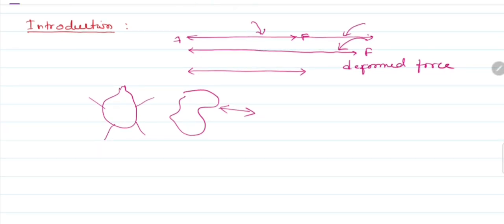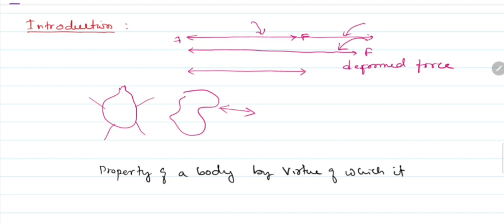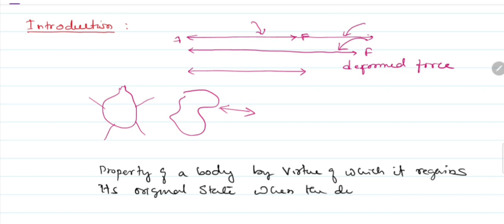Elasticity is the property of a body by virtue of which it regains its original state, which may be size or shape, when the deforming force is removed. Did you understand? That is elasticity.